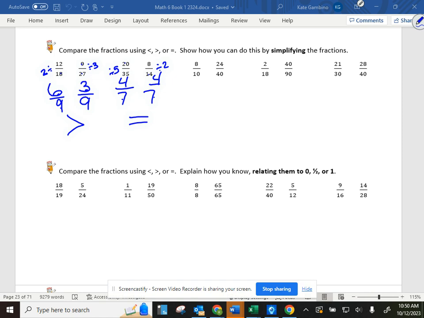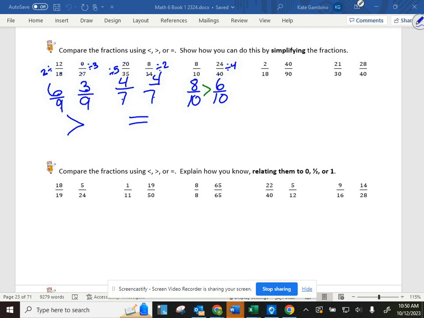I could go down to 10. 10 and 10 are the same, so my numerator stays the same. What do I divide 40 by to get to 10? Mena? 4. 40 divided by 4 is 10. 24 divided by 4 is 6. So what symbol am I going to put in the middle of them, Lauren? Greater than, because 8 is greater than 6.